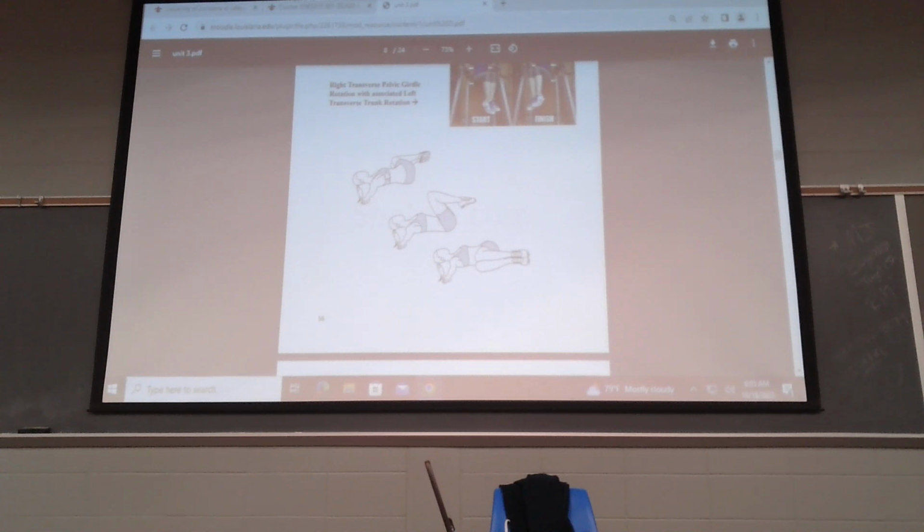Now, again, it's an illusion because her trunk is twisting kind of from the bottom up instead of the top down. But that's what's happening. So the pelvic girdle rotation is right transverse pelvic girdle rotation. But the trunk rotation is actually to the left. And those things have to happen.